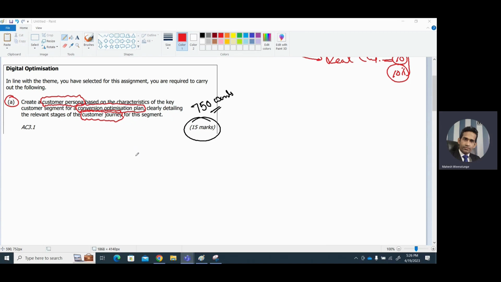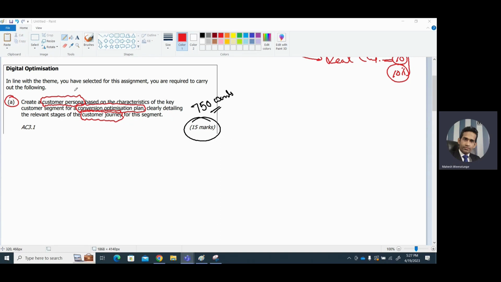For the customer journey, you have to identify how they interact with the website, what they look at, what areas they are searching for in your website, how they comment on your social media, what they do next, and what they have done so far. Everything is about the customer journey, how they are interacting with your digital medias.